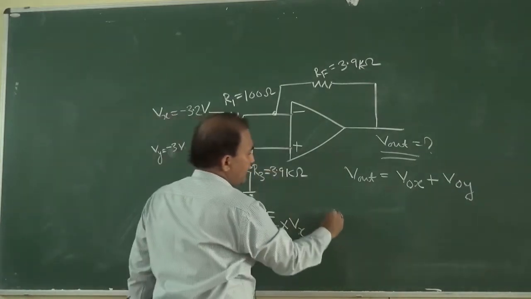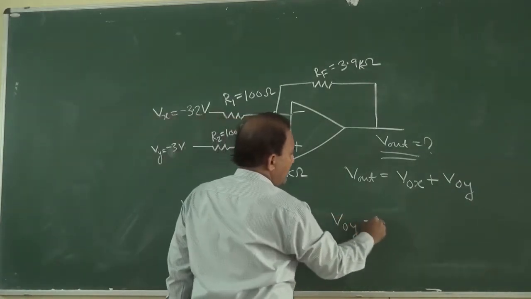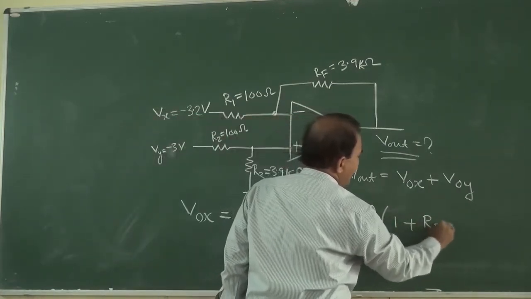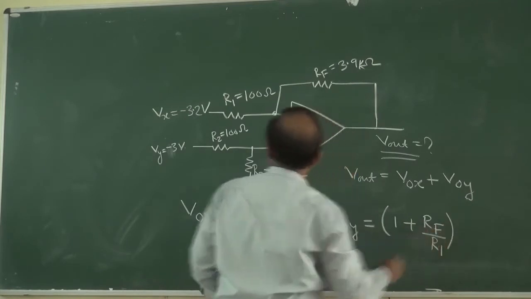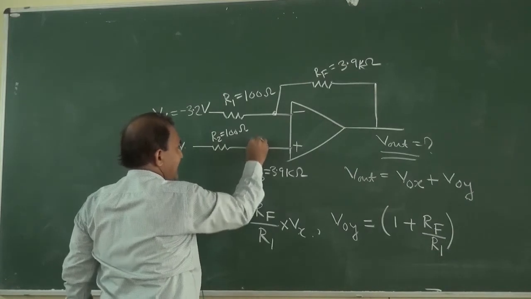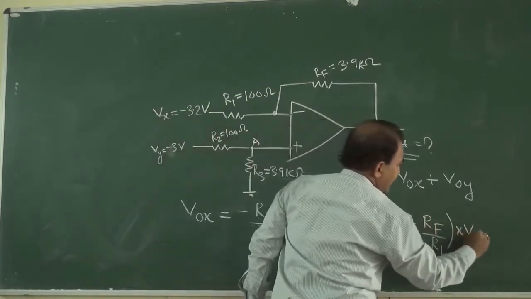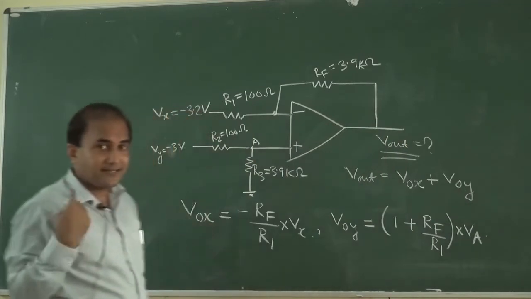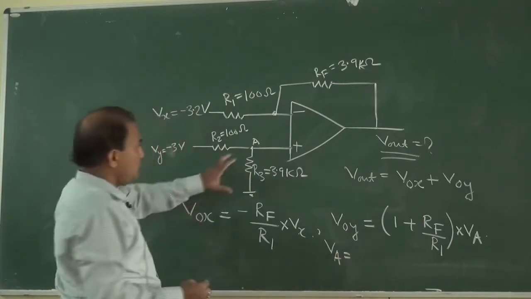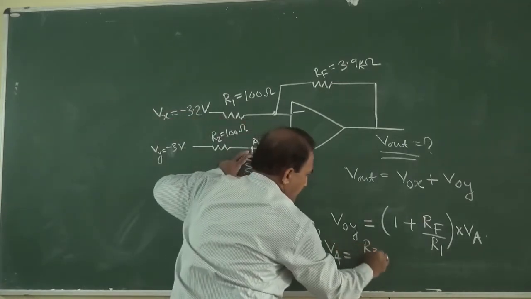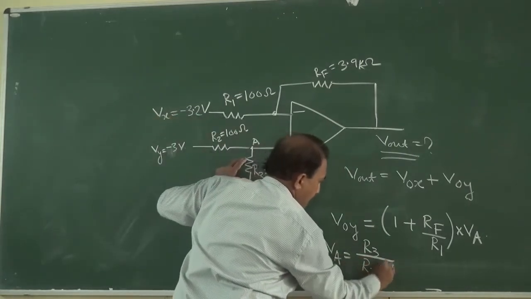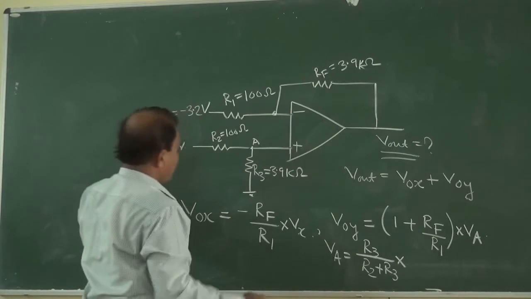And how can we determine Voy? Voy is equal to 1 plus Rf by R1 multiplied with this voltage. Suppose this point is A, so we write VA here. How can we determine VA? VA is equal to R3 divided by R2 plus R3 multiplied with Vy.